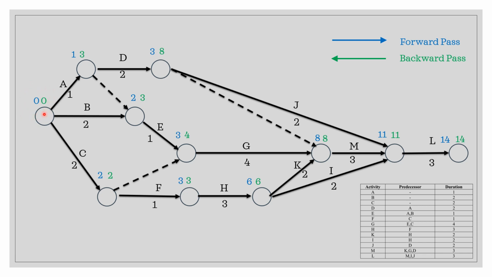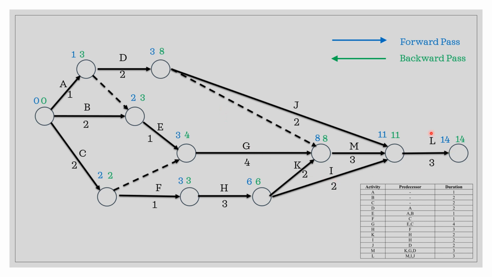Okay, so that is why if you start with 0, you have to finish with 0 as well. Yeah, so this is the early start, early finish, late start, and late finish for each of the activities.